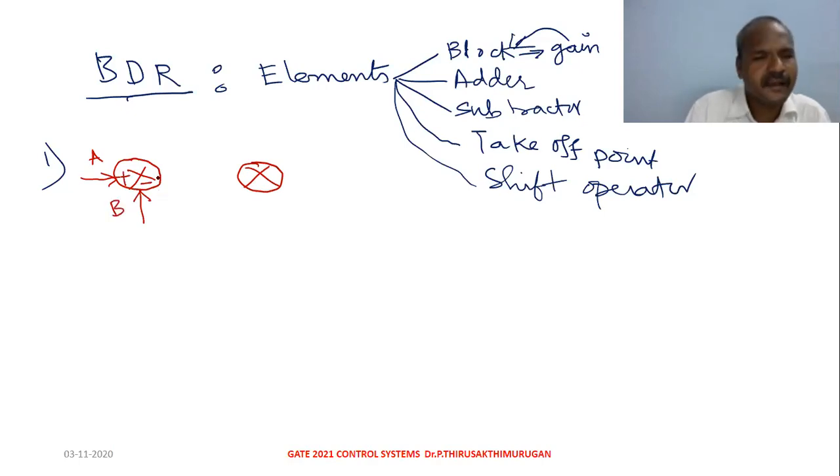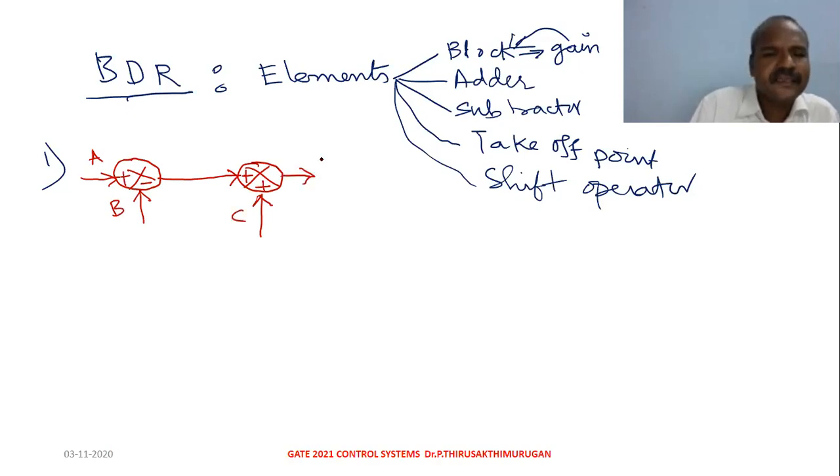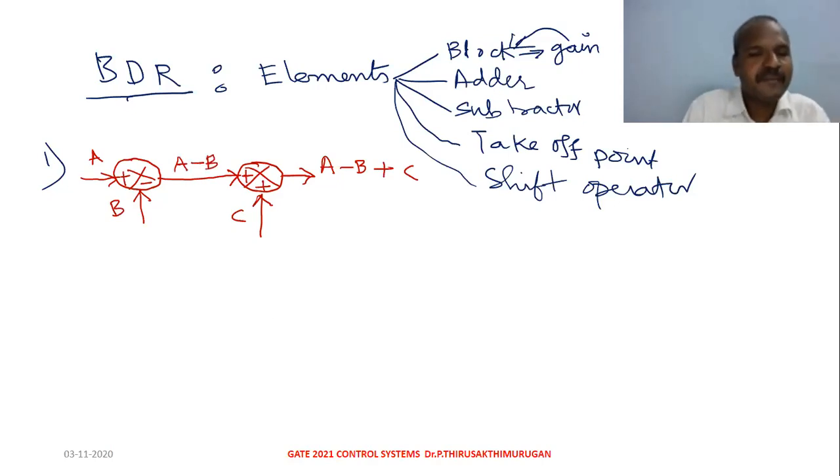It is applied to another junction, which is added with another value, say C. So finally we get A minus B plus C. Here we are subtracting B from A, so the result is A minus B. Then A minus B is added with C, so we get A minus B plus C.